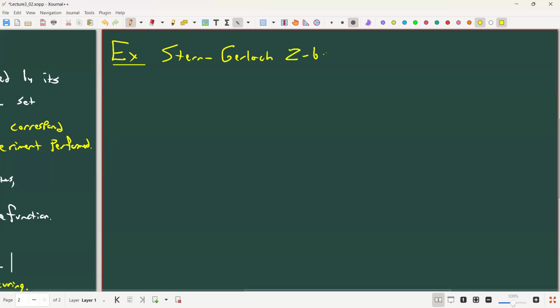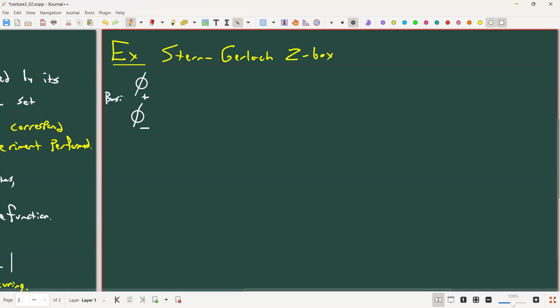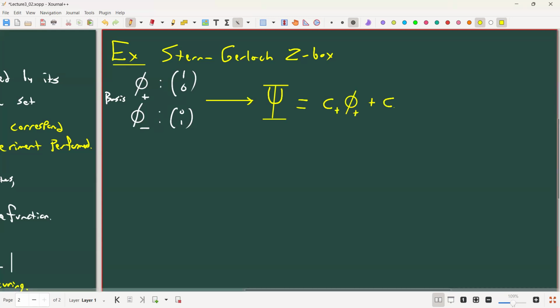We have two possible basis states, phi plus and phi minus, which we just defined to be (1, 0) and (0, 1). That means that any wave function, which is any arbitrary state of this atom, is equal to some number C plus times phi plus, plus or minus, it doesn't really matter, C minus times phi minus.